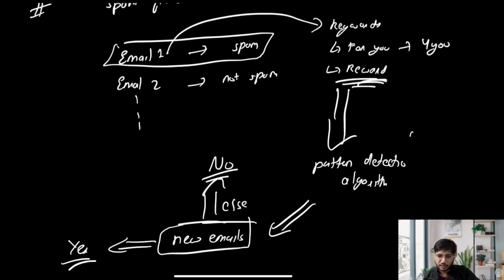So if the keyword is changed, you will have to feed the new keyword to a new pattern detection algorithm, which will search for the new keywords. And again, you have to do this for every single email. Now assume you have millions and billions of emails. So you can understand how cumbersome this process is, right? Although we can automate a few of these processes, it is still a lot more cumbersome than ML.